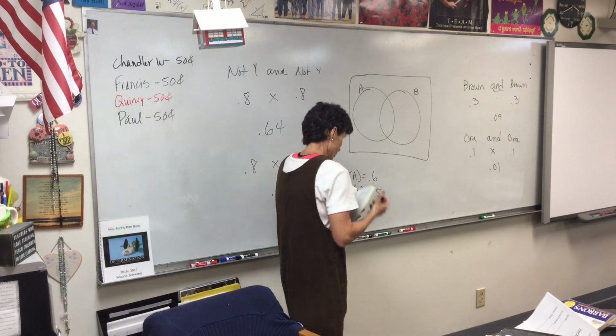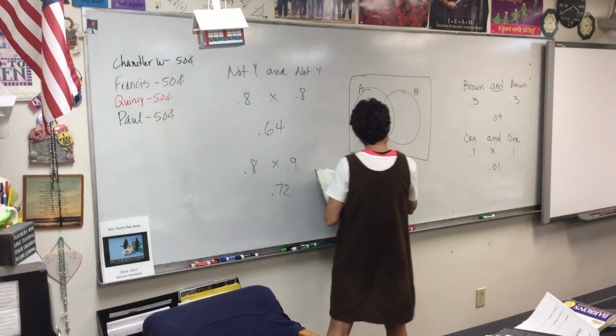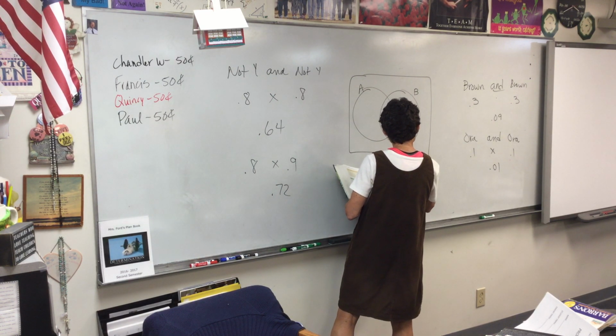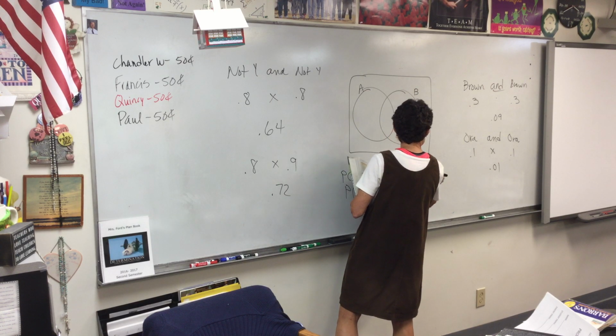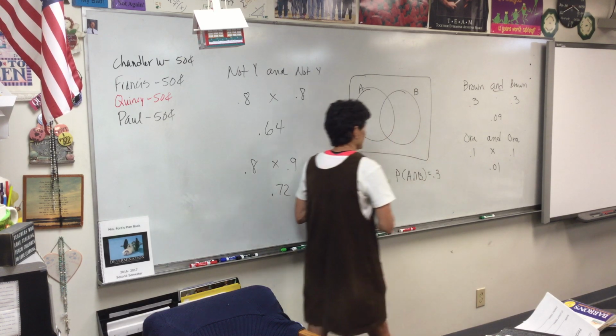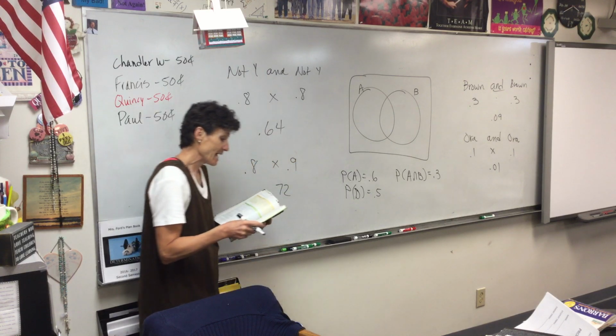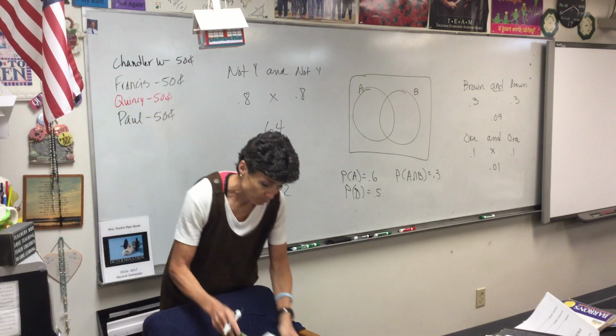The B circle is 0.5. And the probability of A and B, using the official notation, is 0.3.